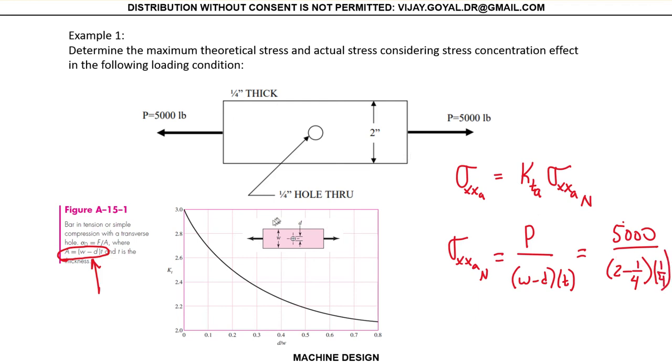And you can see that you have to go to the chart and find what best works for the condition you're doing. This is a flat plate, it's a bar basically, and you're stretching it. So this is the case that you will use.